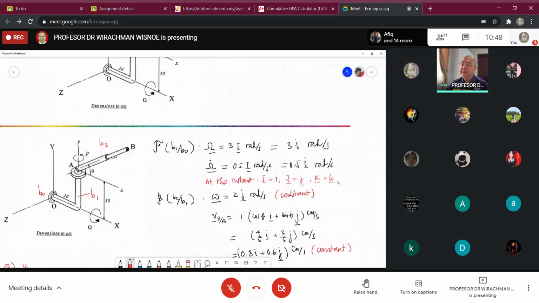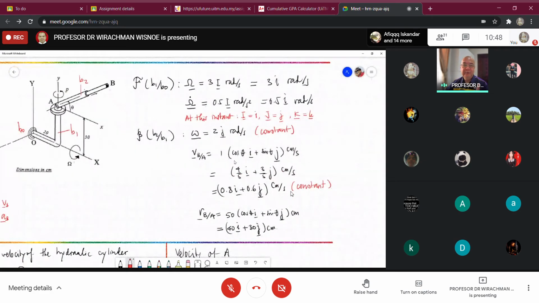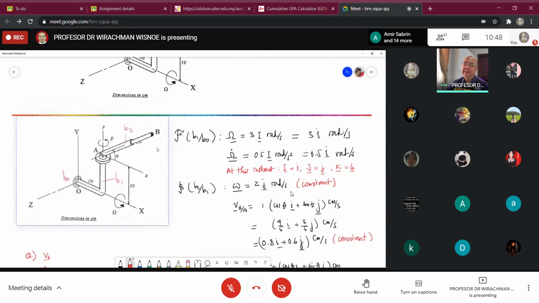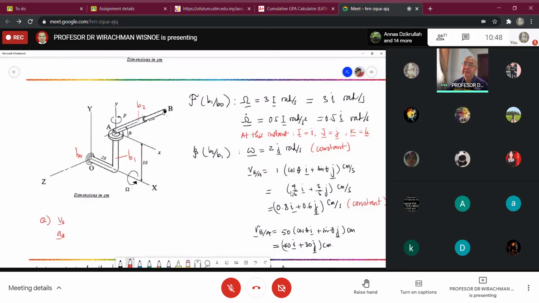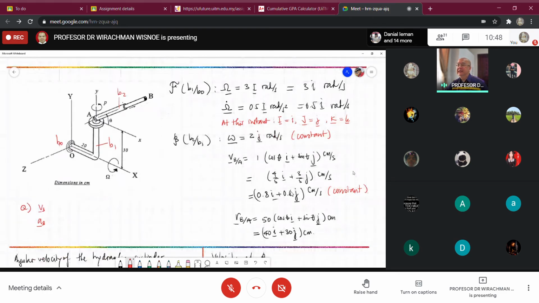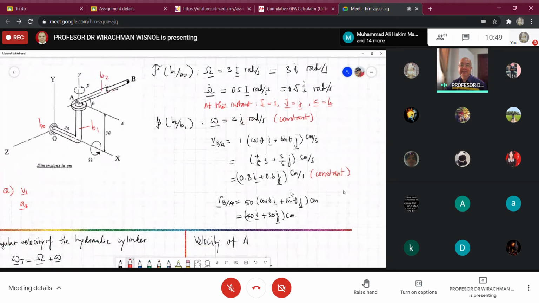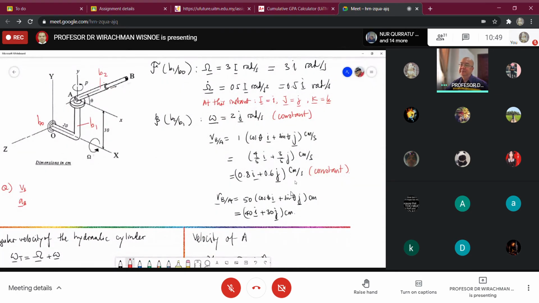It means if you convert to I and J, you have cosine in the X, sine in the Y. So I can write it as 1 centimeter per second times cosine theta I plus sine theta J. And then tangent is given, so you know the value of cosine and sine theta. And it is constant, according to the problem.